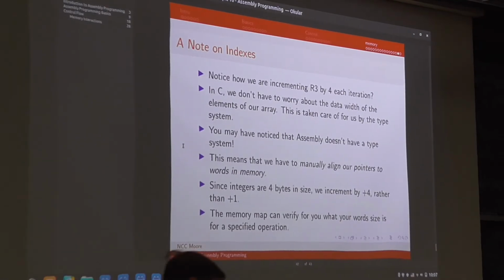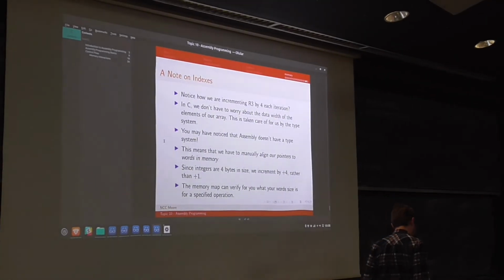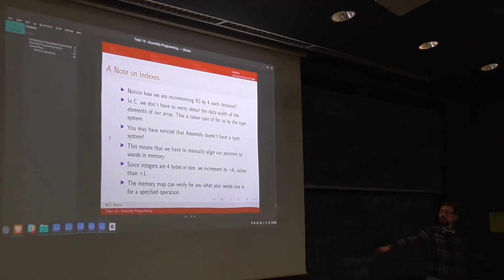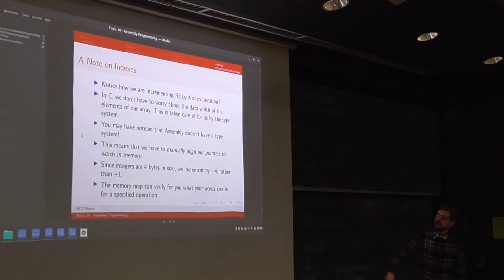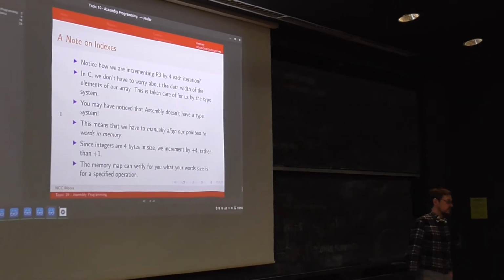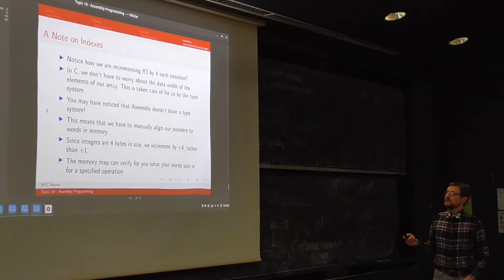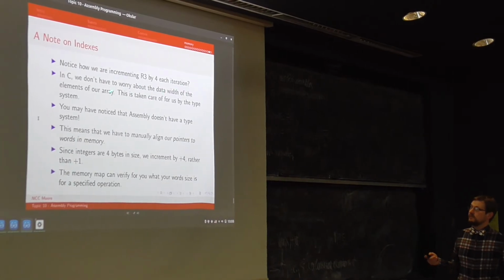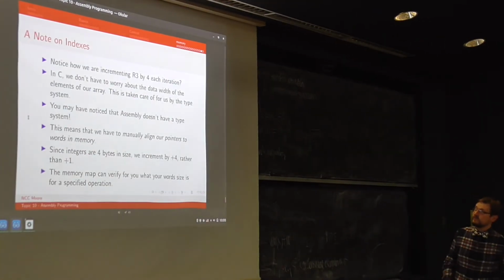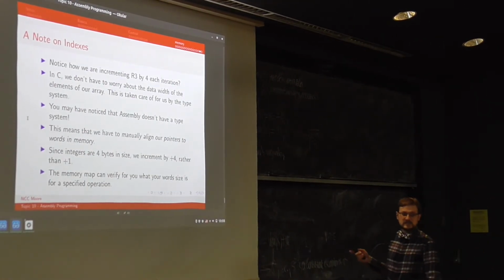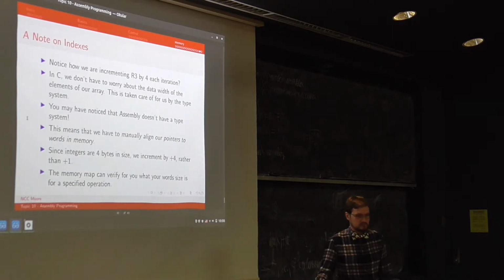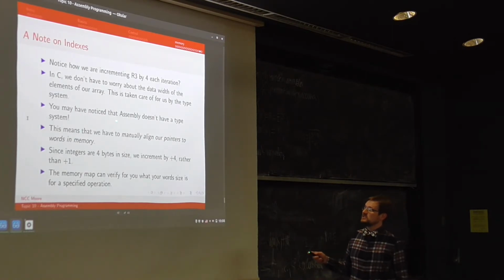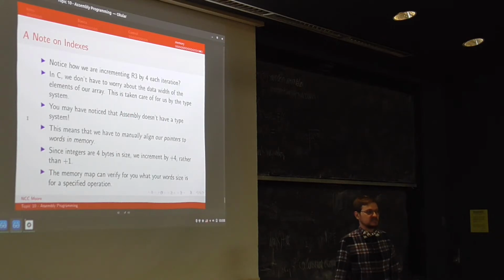So, quick note on indexes. I've already talked about it, but let's go over it one more time. Note how we are incrementing R3 by 4 on each iteration. In C, we don't have to worry about the data width of the elements of our array. This is taken care of for us by the type system. You may have noticed that assembly doesn't have a type system.